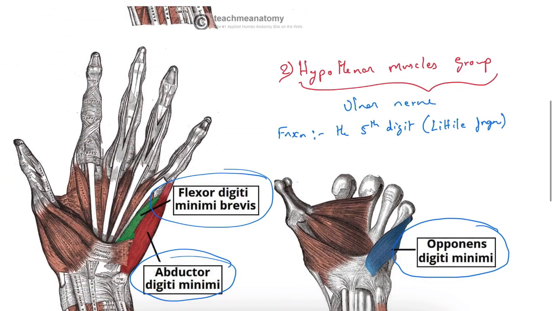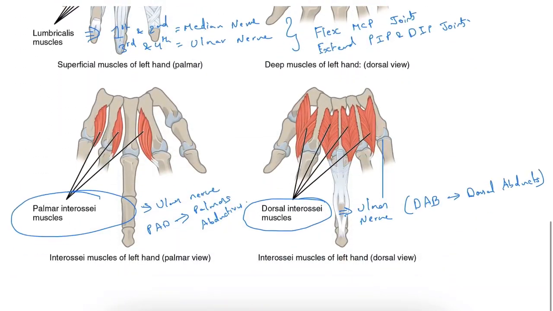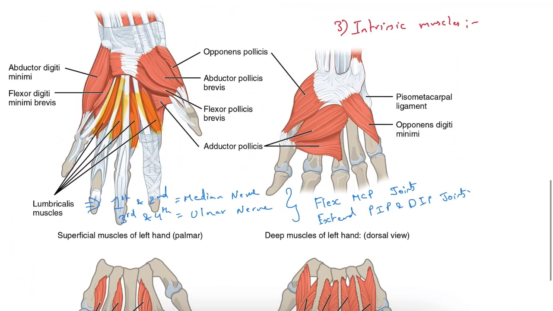Okay, so now the balance of hand muscles at rest. At rest, there is a balance between the extrinsic flexors, the extrinsic extensors and the intrinsic muscles, especially the lumbricals. I already mentioned the lumbricals: they help to flex the MCP and extend the PIP and DIP.